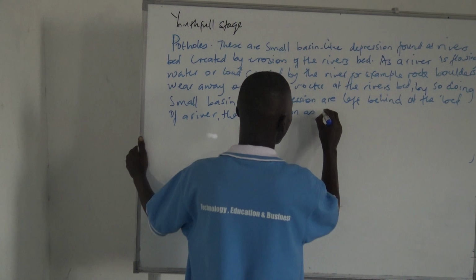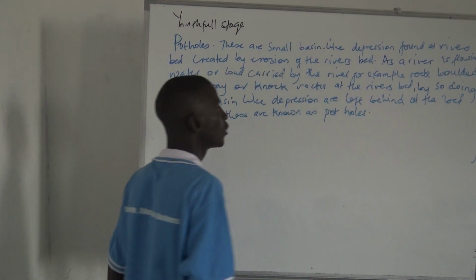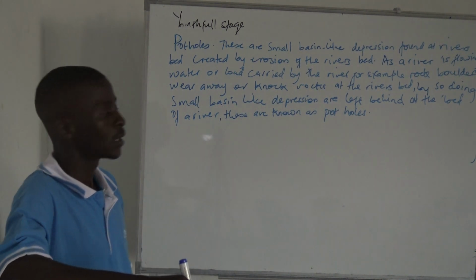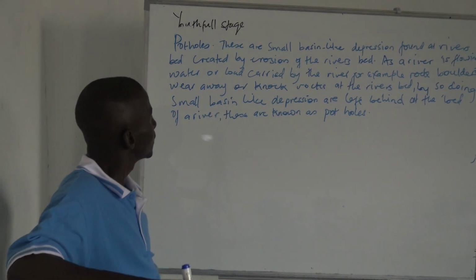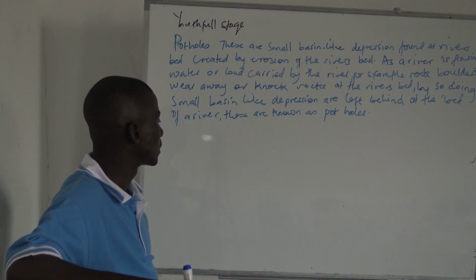These are known as potholes. So that's how some of the potholes are formed.